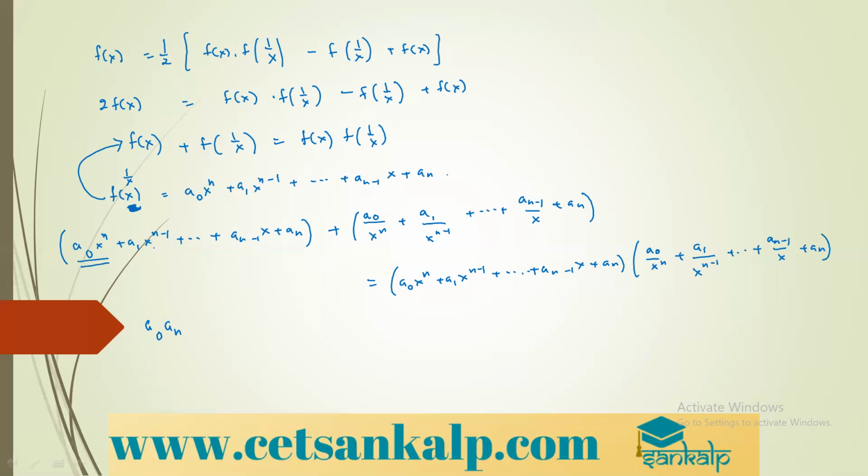You are comparing the coefficient of x power n on the left side and the coefficient of x power n on the right side. What's the coefficient of x power n on the right side? That will be a0, isn't it?